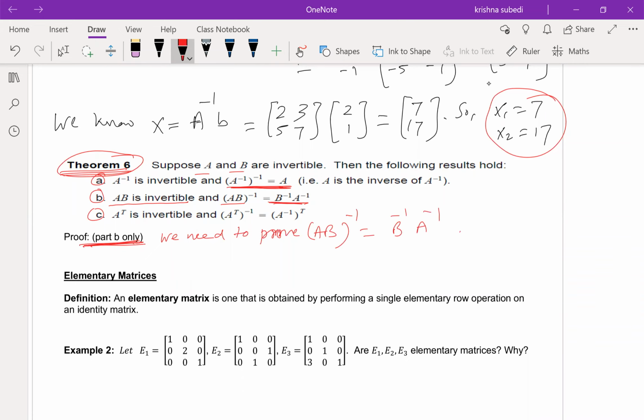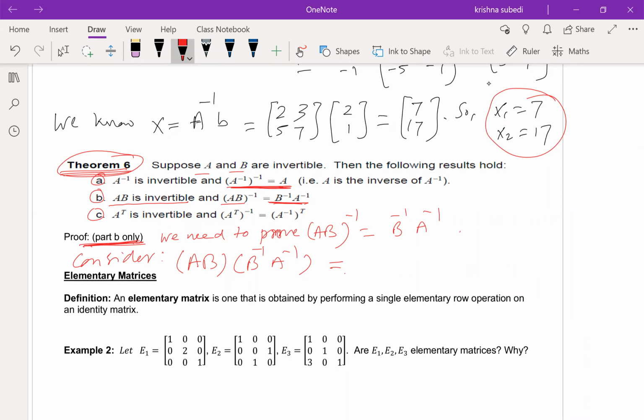In other words, we need to prove that AB times B inverse A inverse equals I. If we prove that, then we are done with this one. Okay, consider this now. Our goal is to prove that this equals I. Let us check whether it is true or not.